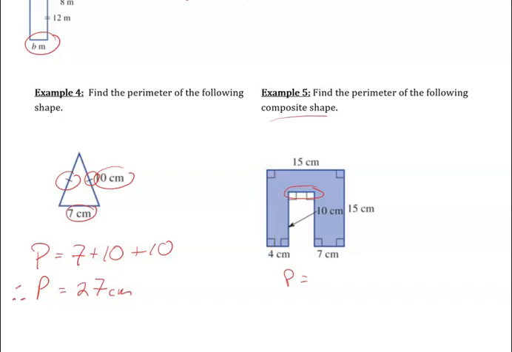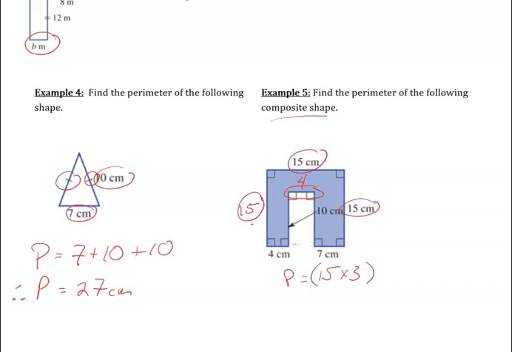I'm going to surmise that because this one is 15, that is also going to be 15. And because we have 15 straight across this way, I'm going to suggest that we will have 15 take away 7 and 4, 7, 8, 9, 10, 11, which will give us this. So 15 minus 11 is 4, which is going to be the same as that. So our perimeter will be, I'll start over here, 15 plus 15 plus 15.